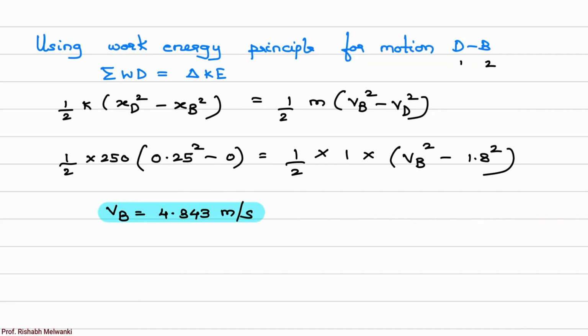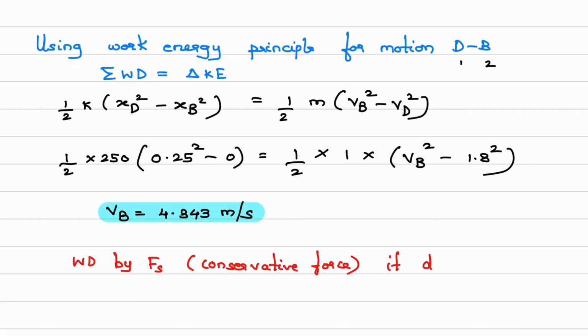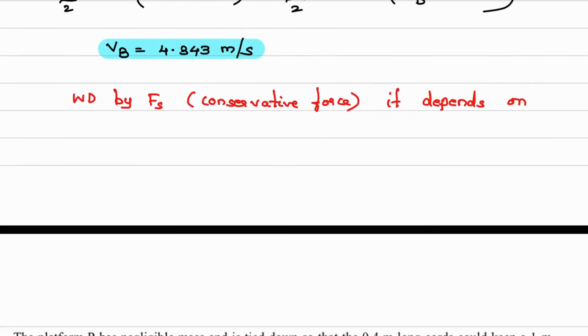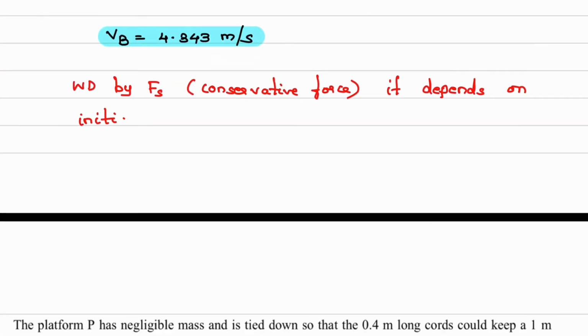Now here, very important note I am going to write. Okay, work done by spring force, in bracket I'll write down conservative force, depends on initial and final position only, and not on path.